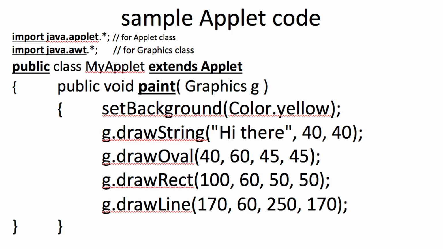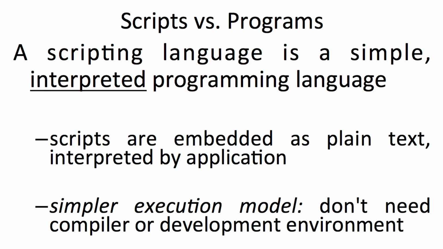Now, the second part of this lecture, that is JavaScript and Java program. So, the difference between script versus program. JavaScript at this time is a very important programming language, and JavaScript is in the top 10 programming languages. The scripting language is a simple interpreted programming language.